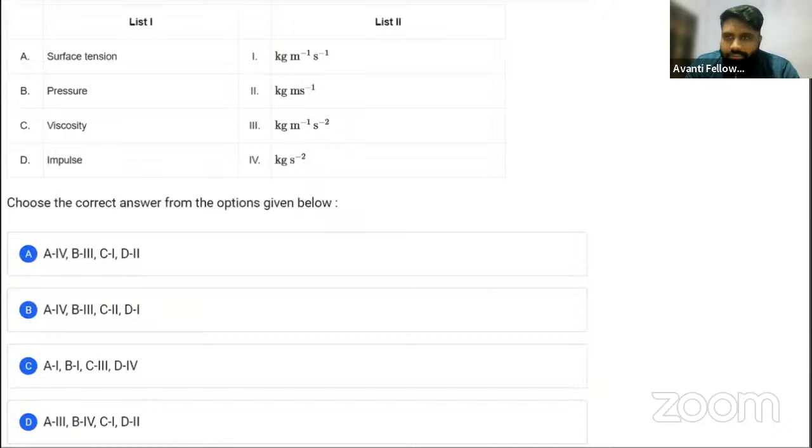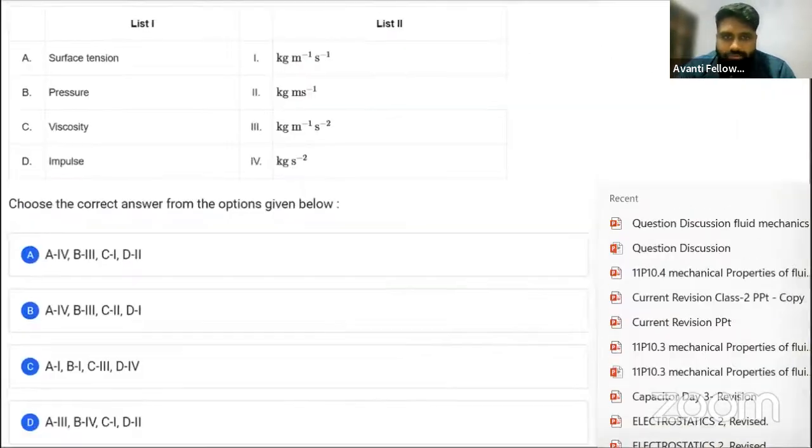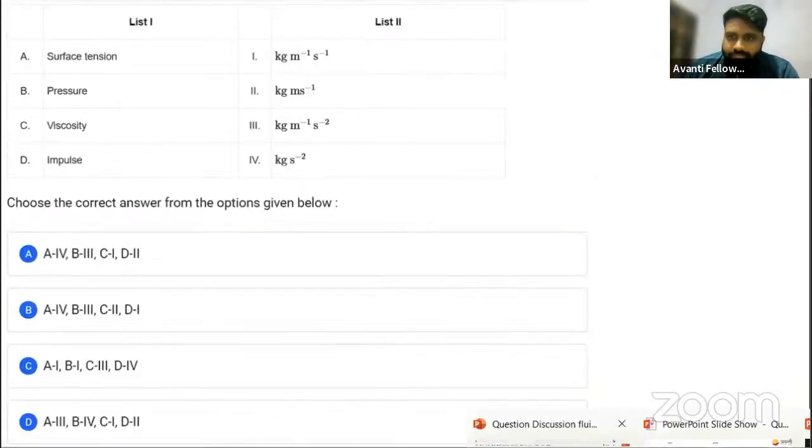In this, a matching type of question is given to you. There are two lists given, and you have to identify the unit of each. Look how simple this question is.